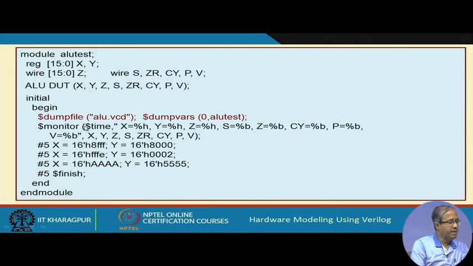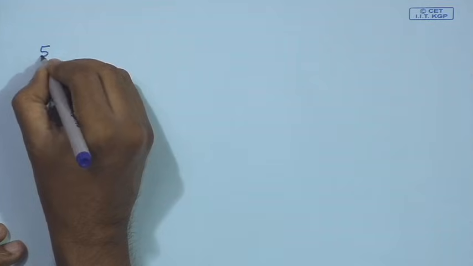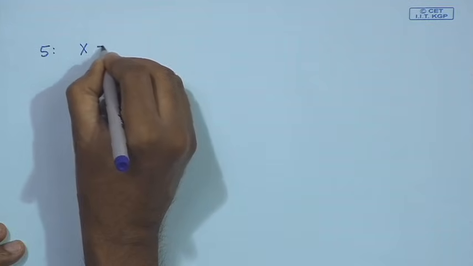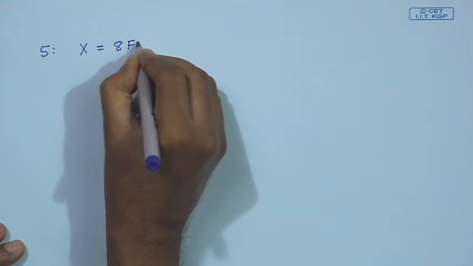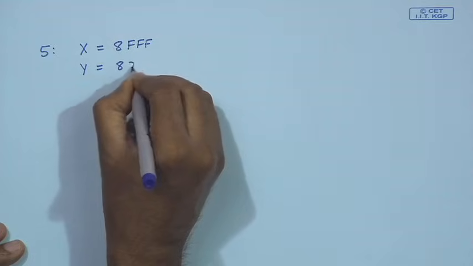Okay. And the input data that we have applied, you can see with a delay of 5 we have given. In the first step we have given the first number x equal to 16-bit hexadecimal 8FFF and y equal to 8000. So, let us just note down these numbers. At time 5 we have applied x equal to 8FFF and y equal to 8000.